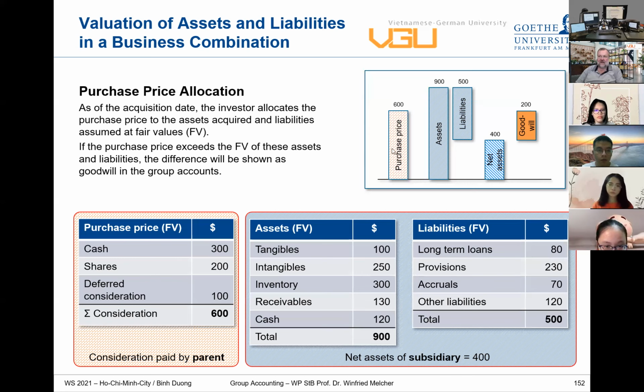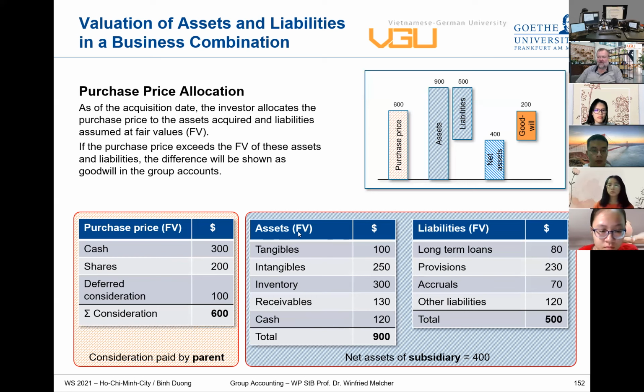So we will look at all the assets, and we look at the company's books. We see that there are tangibles of 100, intangibles of 250, inventory of 300, receivables of 130, and cash of 120. And when we add up all these numbers, then we come to a total of 900. So that is the fair value.